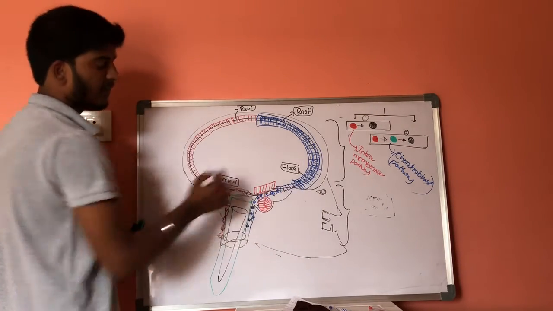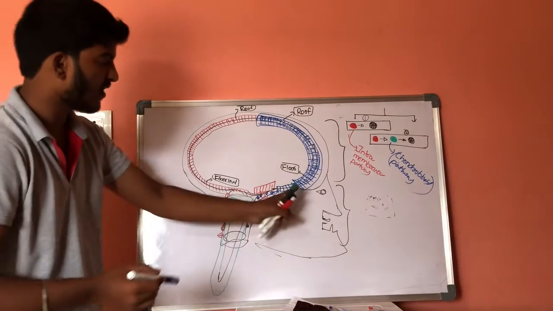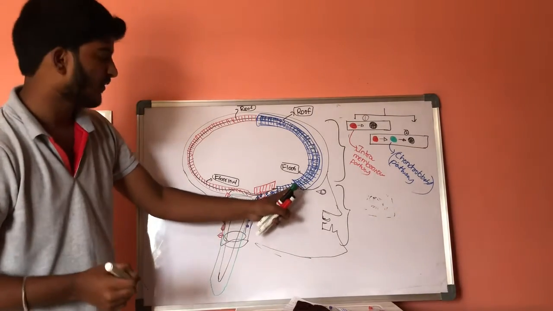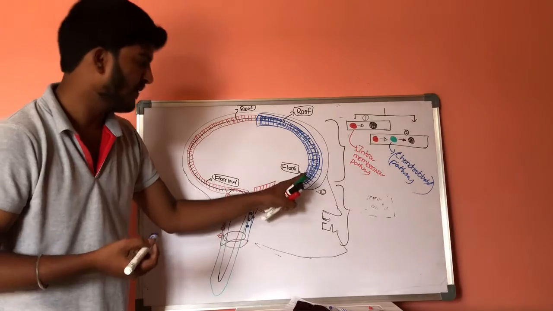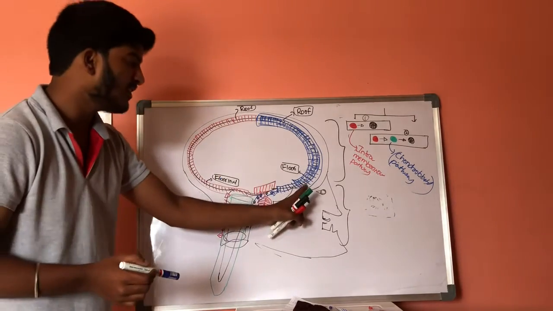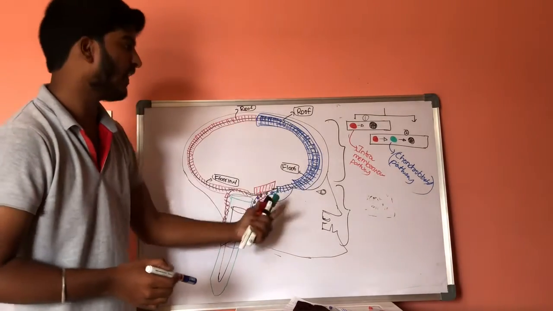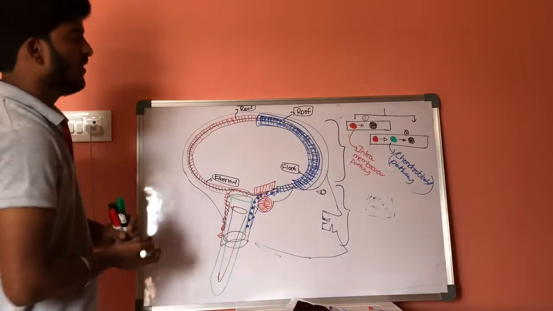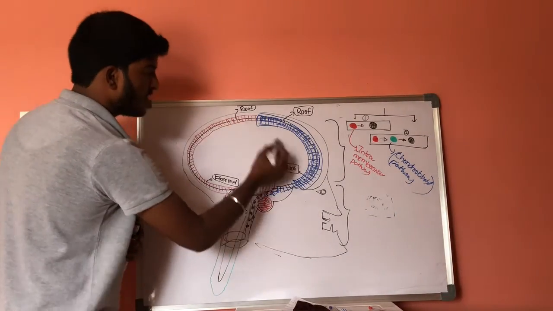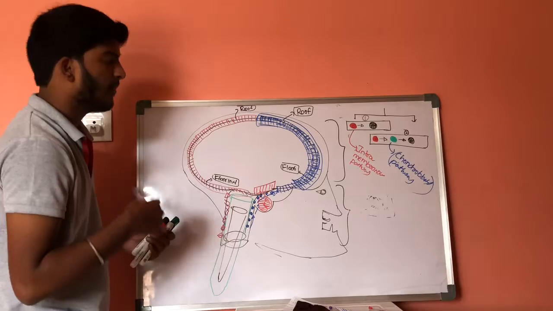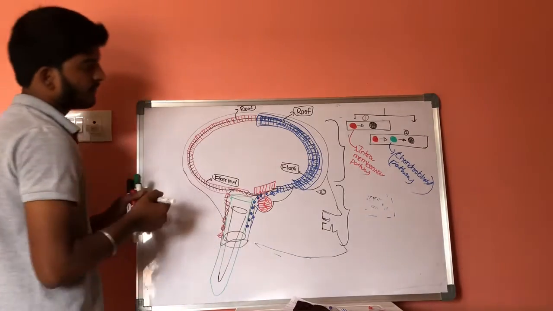From the anterior or frontal portion of this cranium, it consists of mesenchymal cells. Now, these mesenchymal cells are directly converted into osteoblast cells. So, from this part to this part, it involves the intramembranous pathway.